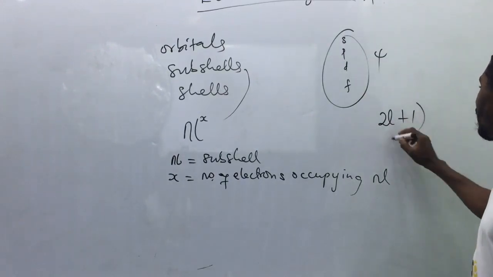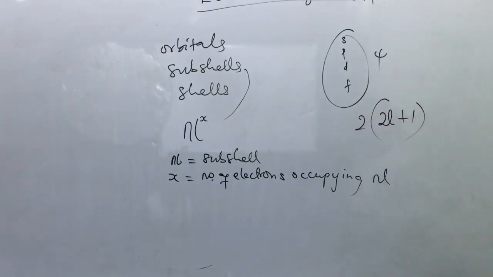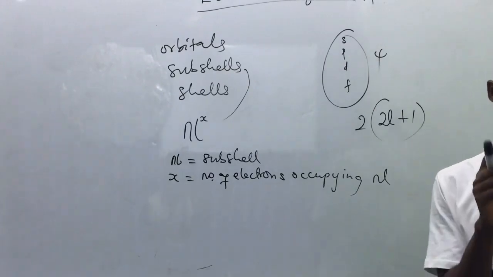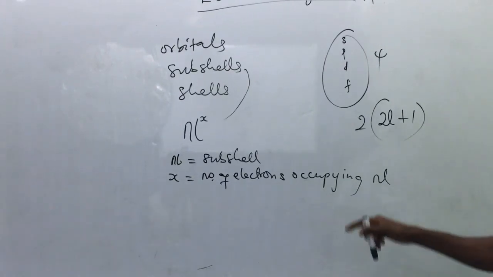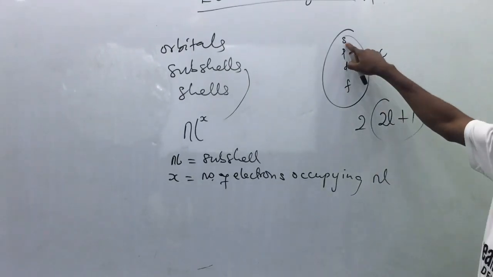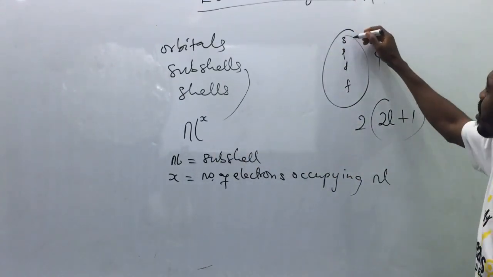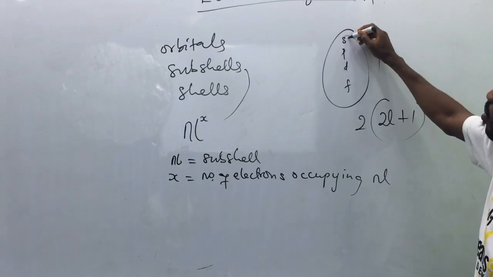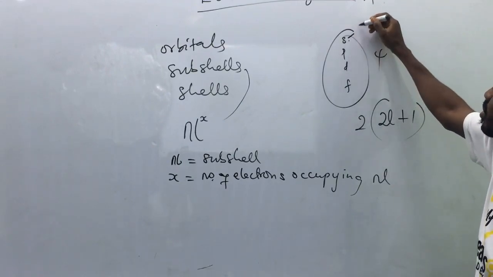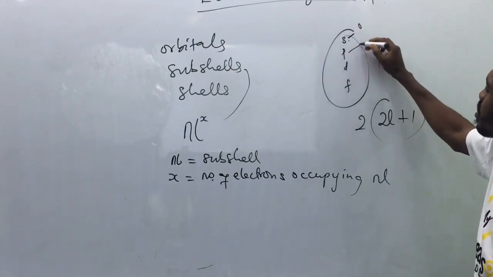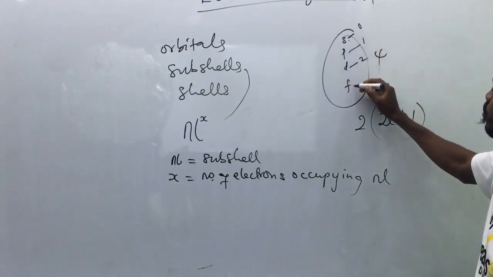That is the maximum number of electrons which a subshell can accommodate. This L signifies the azimuthal quantum number of these subshells. For example, the azimuthal quantum number of the s subshell is 0, for p is 1, for d is 2, for f is 3.